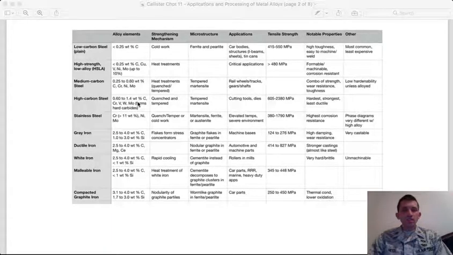Most of these are for more exotic applications, and through the addition of other alloying elements, for instance vanadium, molybdenum, and chromium, especially for the stainless steels, the addition of significant percentages of these alloying elements gives these grades of steel the ability to be heat treated, as we saw in our last chapter.